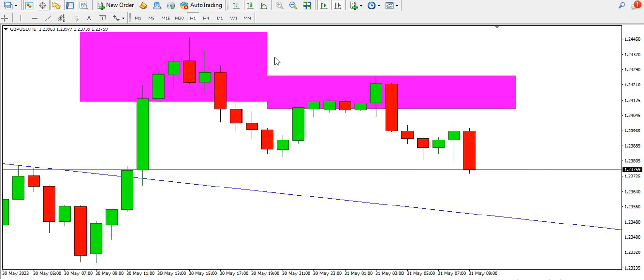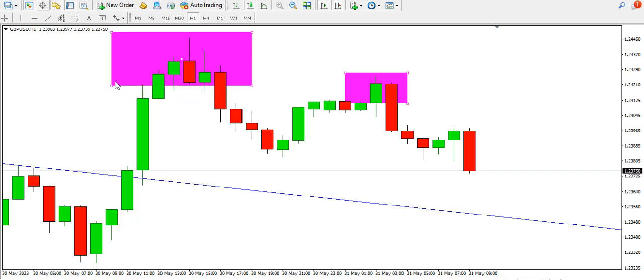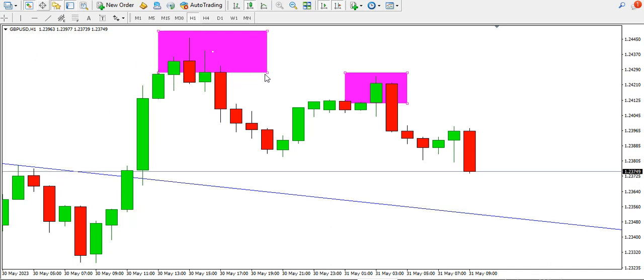If we take a look at the 1-hour time frame, we can see clearly the double top. This is the second top. This is the first top. So price is forming a double top, which is a possible retracement pattern, and the neckline has obviously been broken.